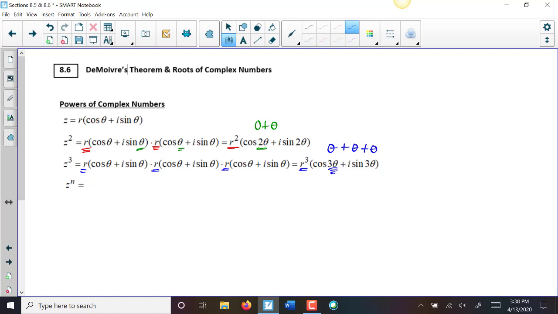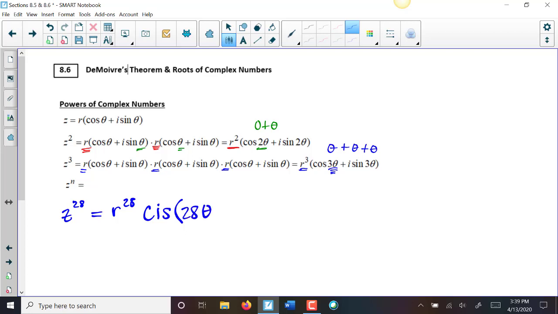So if you can see a pattern, if I wanted to do, let's say, z to the 28th power, my complex number to the 28th power, I would have r to the 28th, and then I would have CIS. I'm adding up 28 angles that are the same, so I'm taking an angle times 28, so that would be 28 theta.